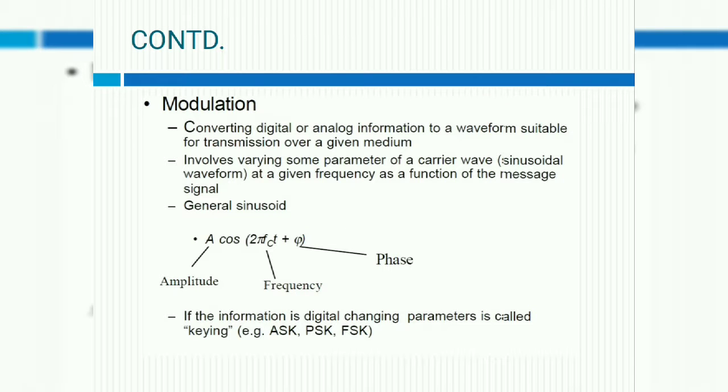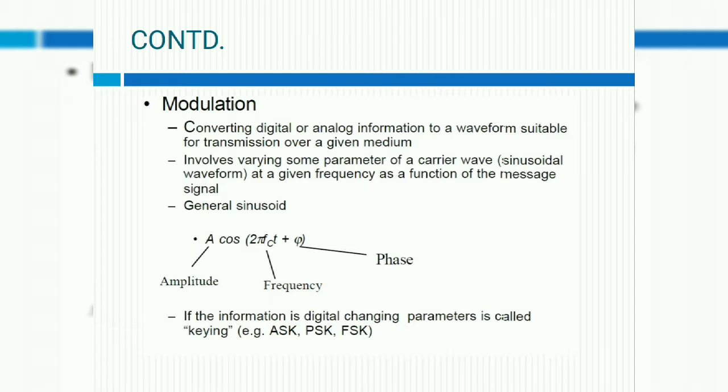So modulation means converting digital or analog information to a waveform suitable for transmission over the communication channel. Whatever the message is, it should be suitable for the communication channel.